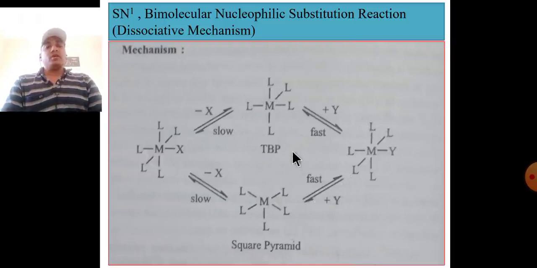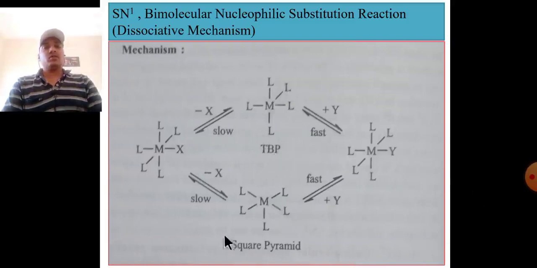Most d4 and d7 cases of the SN1 mechanism go through the trigonal bipyramidal geometry, since the square pyramidal shows less energy required, it goes by this way.